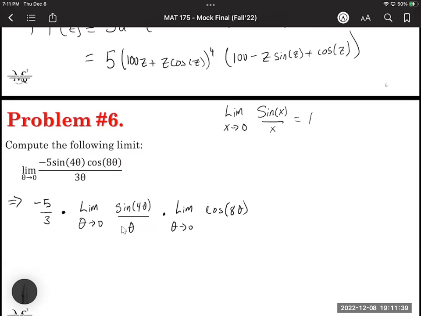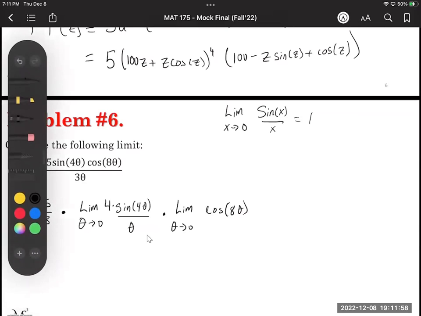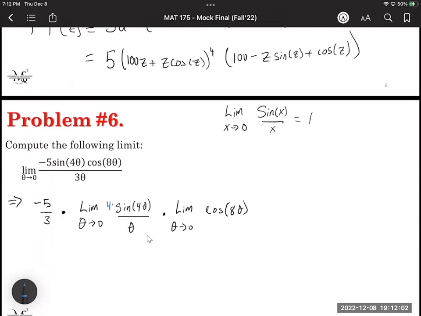You place a 4. But this is a rational expression. It's a fraction. So whatever I do on the bottom, namely multiplying by 4, I also have to do in the numerator. I multiply both by 4, top and bottom. So this will give me 4 times sine 4 theta, and then I multiply by 4 on the bottom, you get 4 theta.